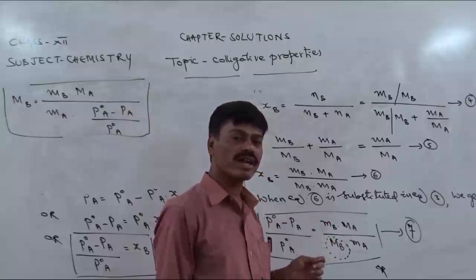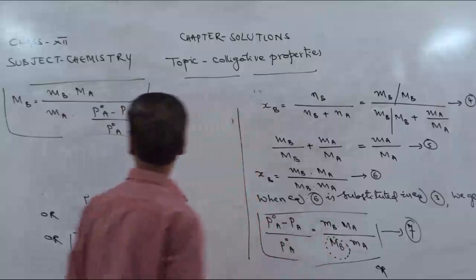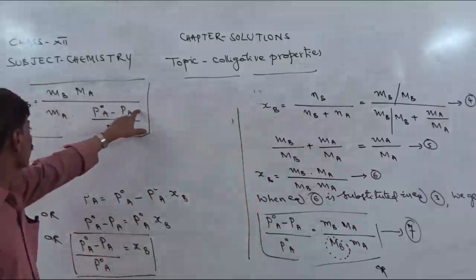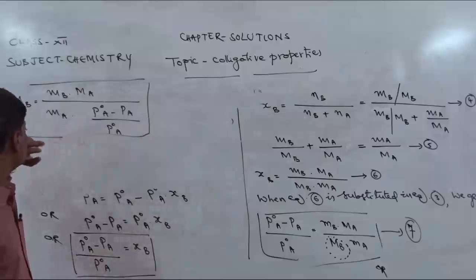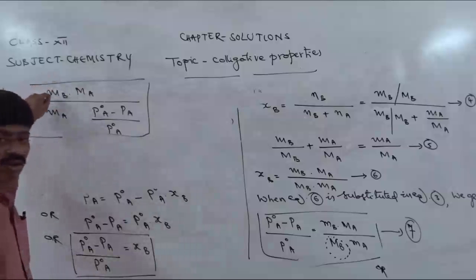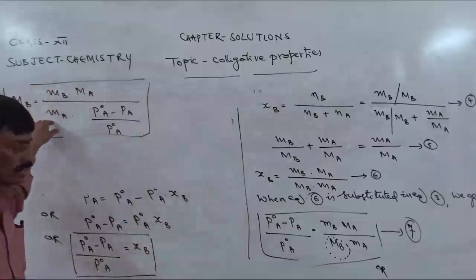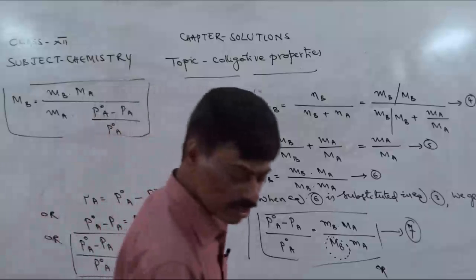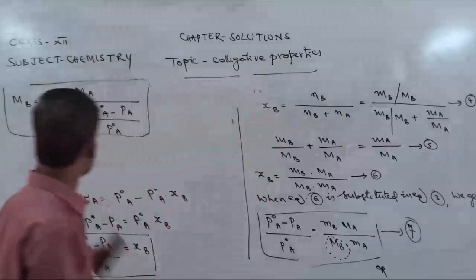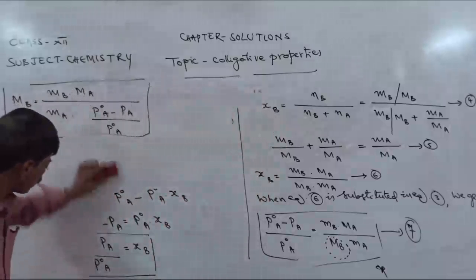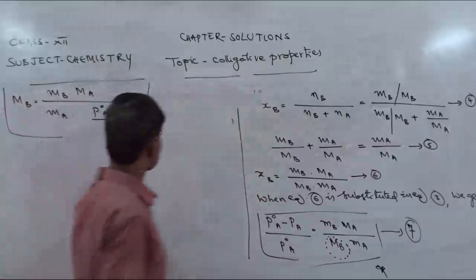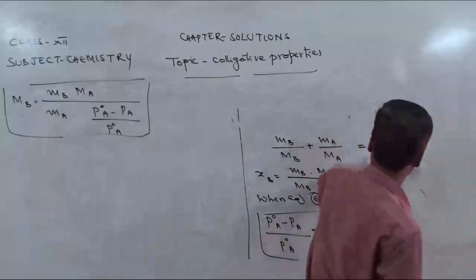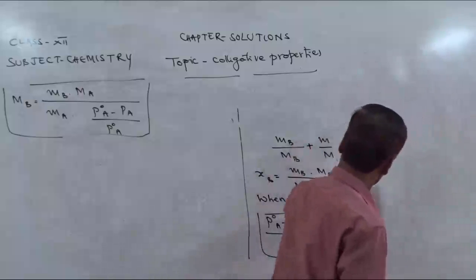In the case of urea, it is 60 grams. So that is known to us. So P naught A, PA, right, and small mB and small mA, if these are known to us, we can calculate molecular weight. So that's about relative lowering in vapor pressure. We will see one numerical so that this colligative property can be understood easily.